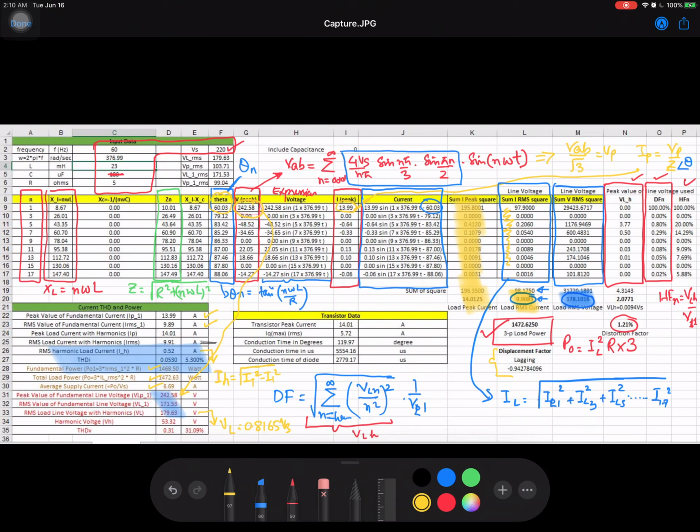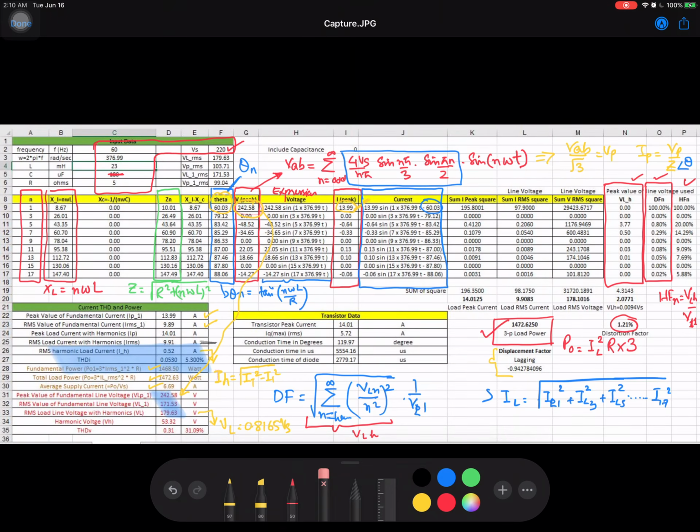But in this column over here, we have only considered up to 17th harmonic. So that's why there is a small difference.